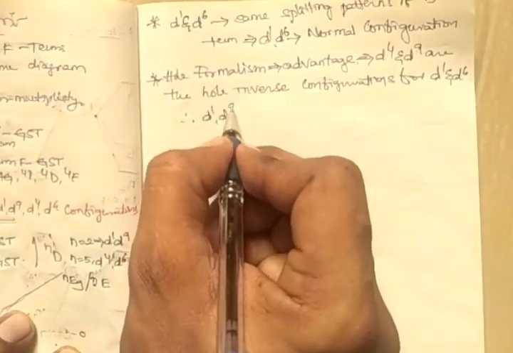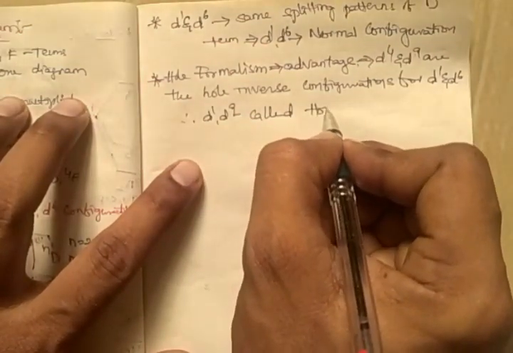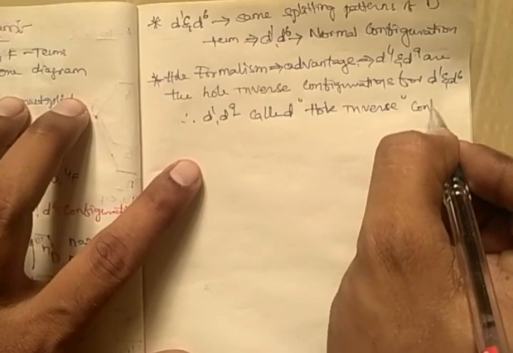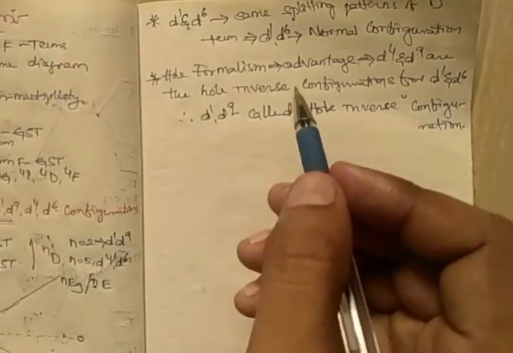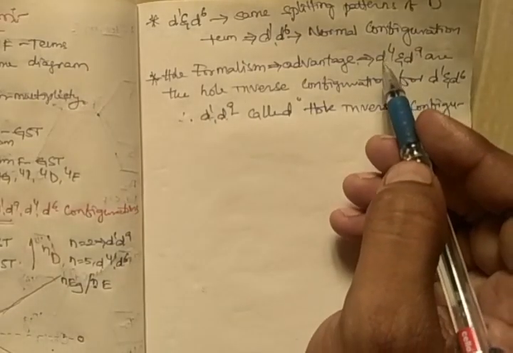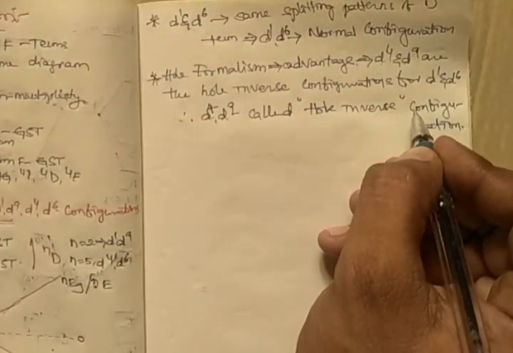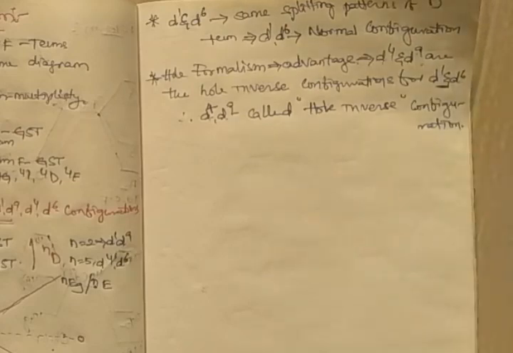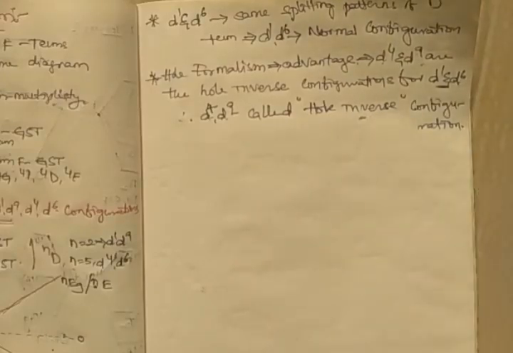Therefore, the D4 and D9 configurations are called hole inverse configurations, as the D4 and D9 configurations have exactly reverse splitting patterns from the D1 and D6 D terms. So they are said to be hole inverse configurations, right?